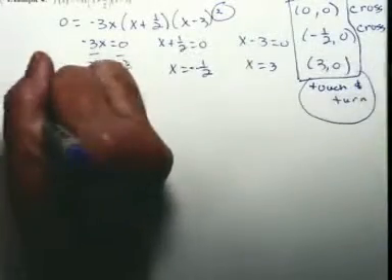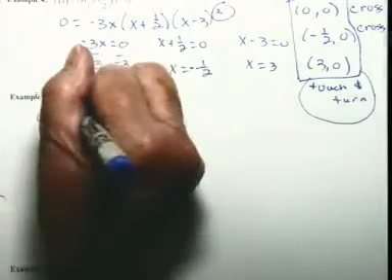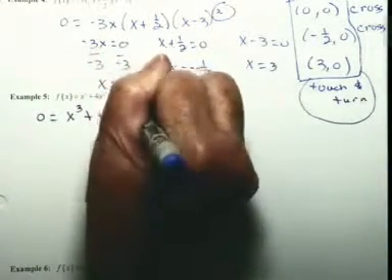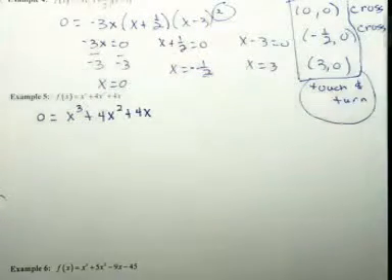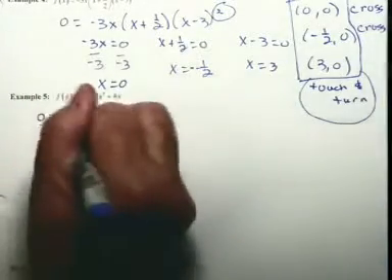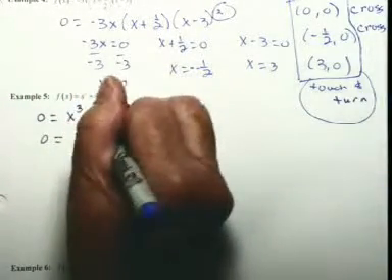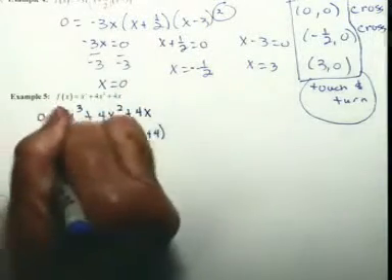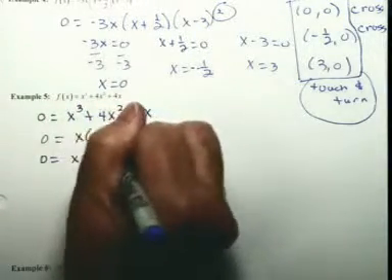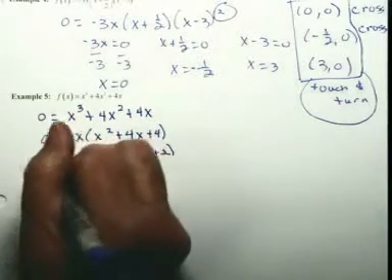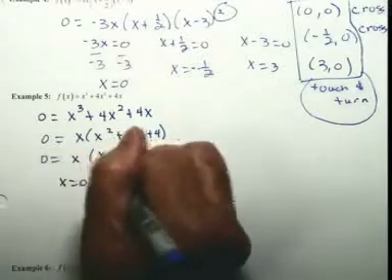Example 5, when we let it equal to 0. Now, it's nice when it's already factored for us. Here, what can I factor out? So I'm going to factor out an x, and so x equals 0.